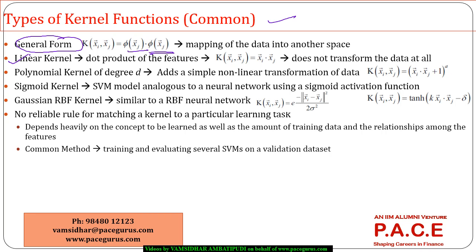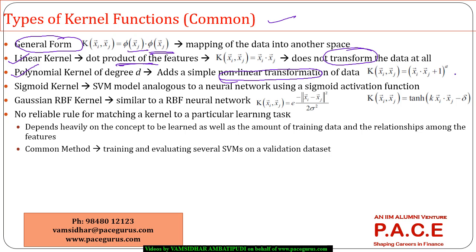Very commonly I can have a linear kernel, which is the dot product of the features. So there is no transformation of the data happening here. But I can have a polynomial kernel with a degree d. So we are simply doing a non-linear transformation of the data. If you see here, there is a dot product xi xj plus 1 to the power d. So this is what we call a polynomial kernel of degree d.